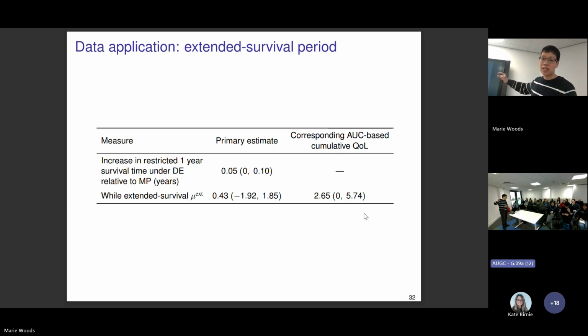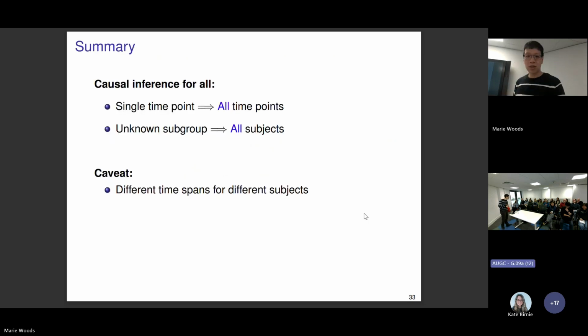And this 0.43 is the cumulative quality of life within this period, a cumulative Y within this period. But here Y is changed from baseline. So after we add it back, this is the cumulative quality of life within this 0.05 years. Okay, I think that's it.